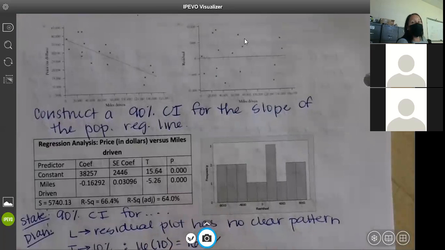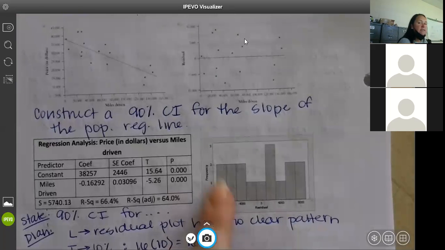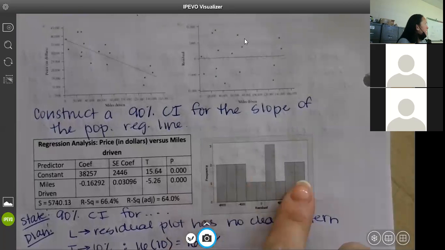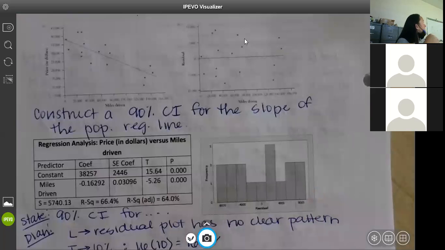This one's a little bit weird. I hate histograms on this. This is why I hate the histograms. So you could put them in, they gave you the data. You could put it in and make a box plot and talk about the box plot as long as you show it on your paper, okay? But this looks kind of crazy to me. It doesn't look like the other one. The other one was clear cut, normal, single peaked, whatever. This one is the exact same way.